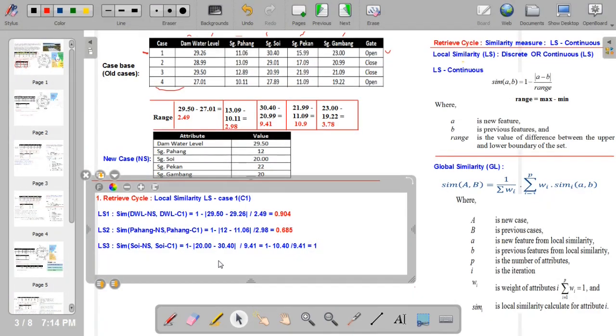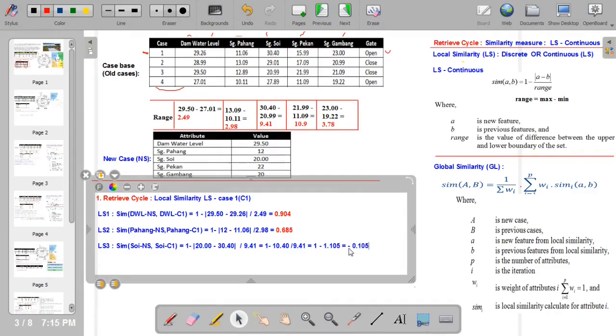Then I will do 10.14 divided by 9.41. It will be equal to 1.105. Then 1 minus 1.105 will be equal to minus 0.105.